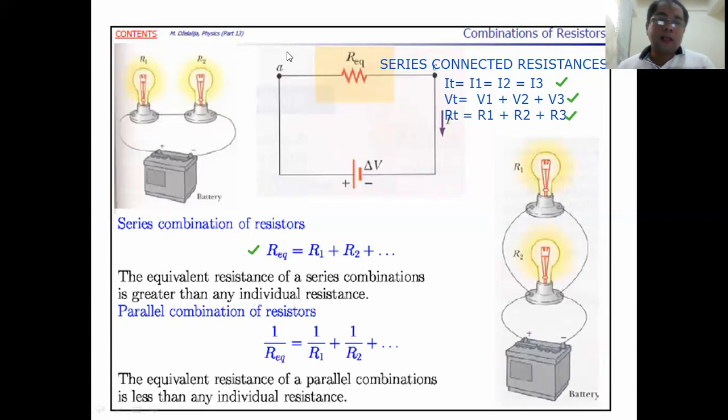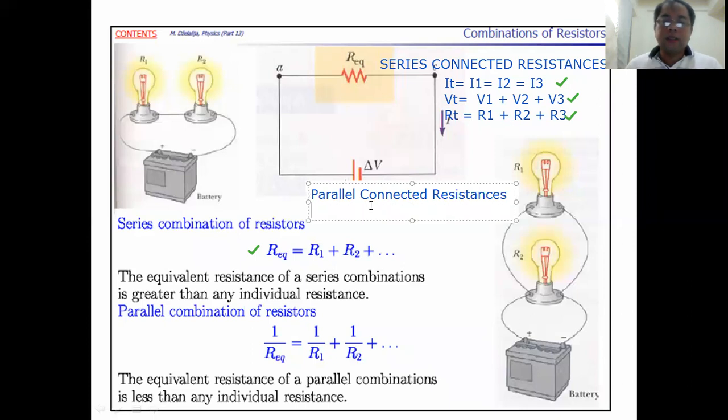Now let's look at the parallel connected devices, and let's summarize what are the things that we can see here. So, parallel connected resistances. The first one again is in terms of the voltage. So the voltage across each branch in our circuit is equal: V1, V2, and V3 are equal to each other.